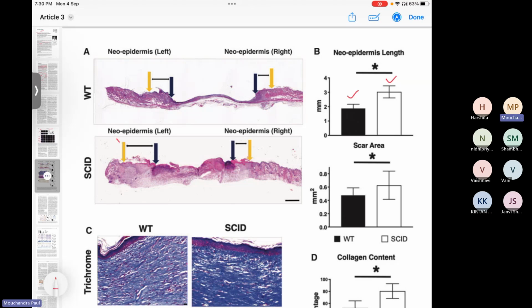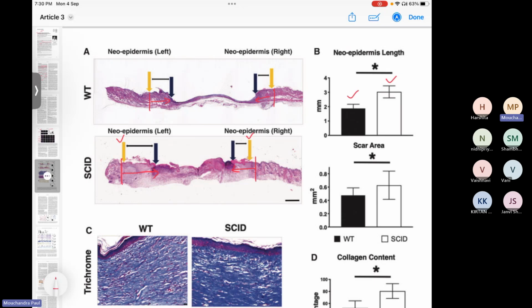So this point is the boundary of the wound. Okay? The yellow arrows are the boundary of the wound, and because of the epithelialization process by the keratinocytes, a new epidermis layer is formed. So it has contracted to this much length.